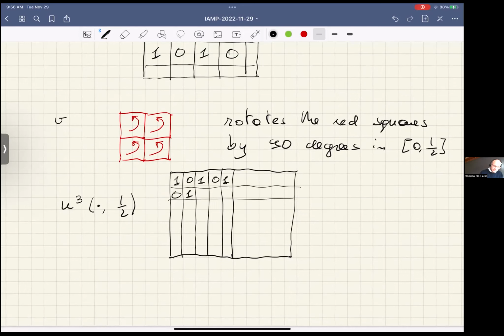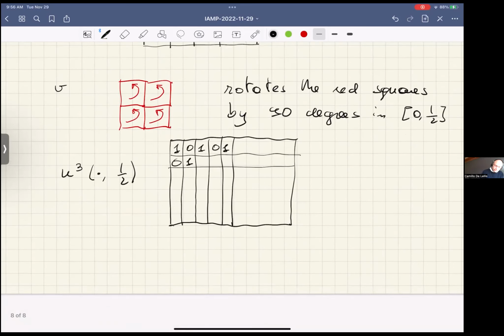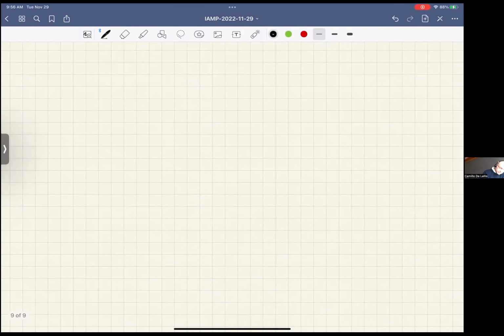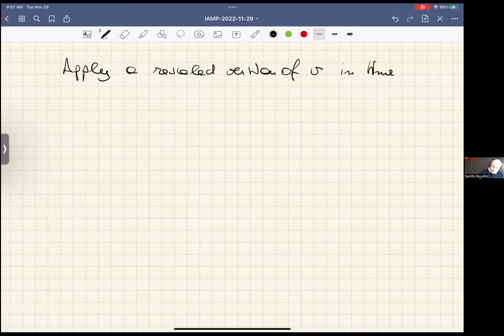So next, I want to apply a rescaled version of V in the time interval (1/2, 3/4), to actually refine again the checkerboard and make your solution 1, 0, 1, 0 on the checkerboard, which is even finer.